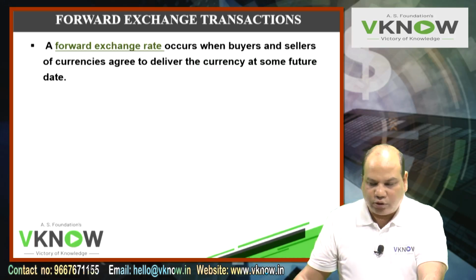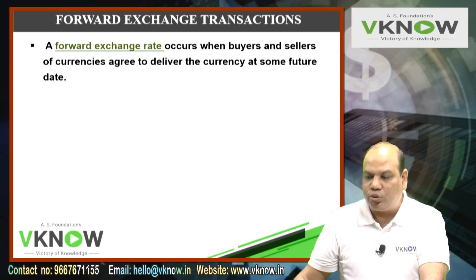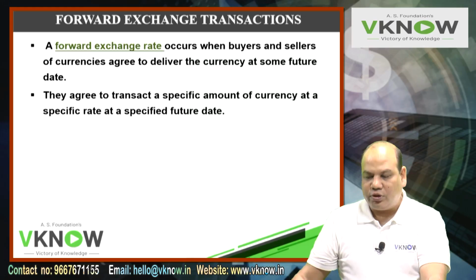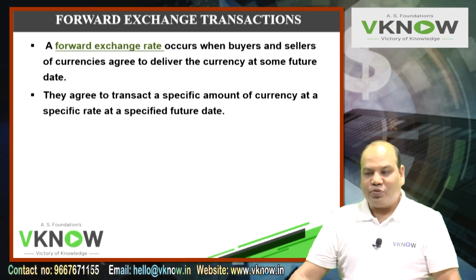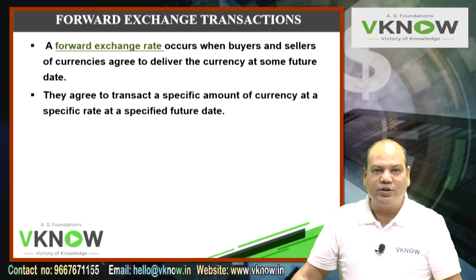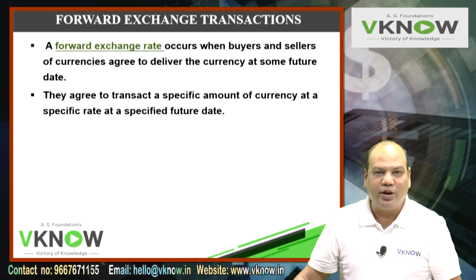So what is a forward contract? Forward exchange rate occurs when buyers and sellers of currencies agree to deliver the currency at some future date. They agree to transact a specific amount of currency at a specific rate at a specified future date.